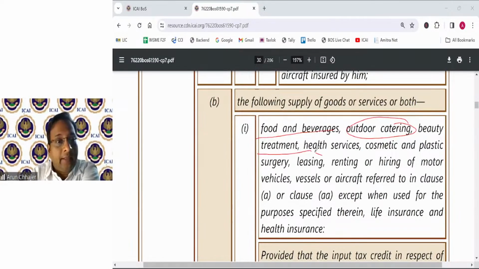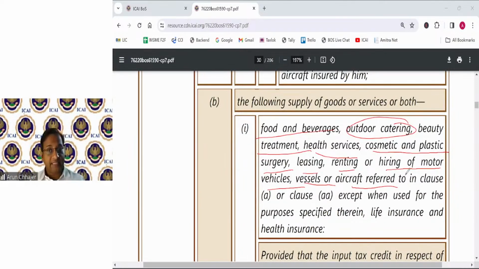Beauty treatment, health service, cosmetic and plastic surgery, leasing, renting or hiring of motor vehicle, vessel or aircraft referred to in clause A or clause AA. Fine.